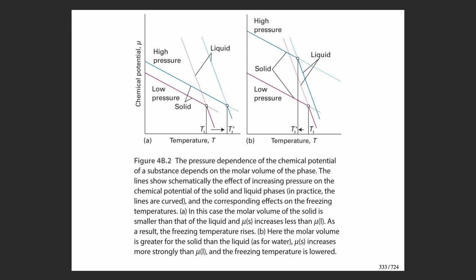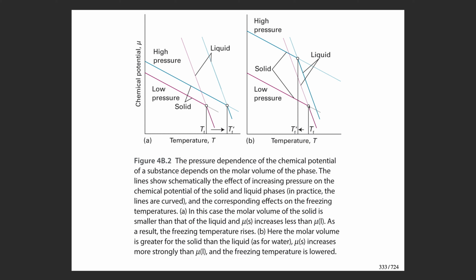You can flip that around. Let's suppose we're talking about a substance that is like water, where the molar volume of the solid is in fact larger than the molar volume of the liquid. There, when you go from the low pressure to the high pressure, the solid line jumps up by quite a bit, but the liquid line does not jump up by as much.